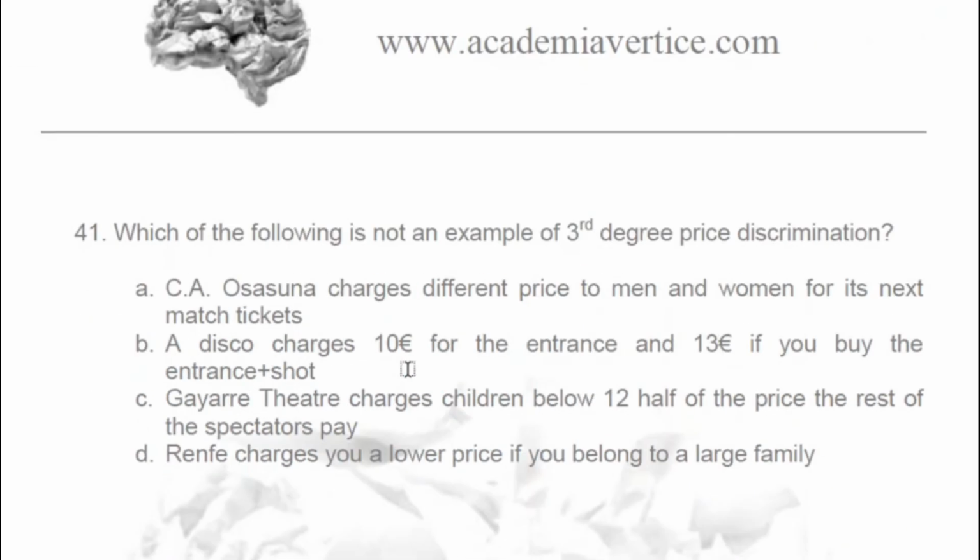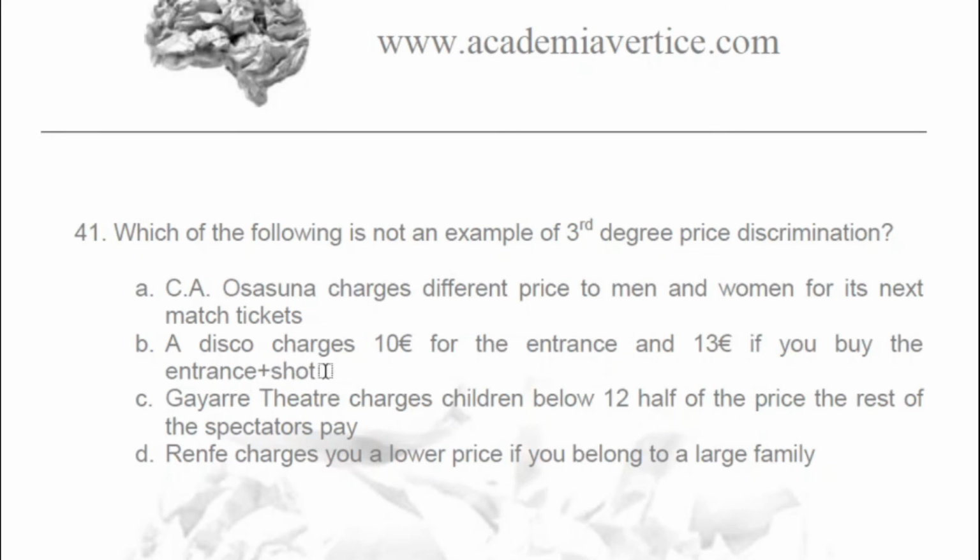Okay, which of the following is not an example of third-degree price discrimination? Osasuna charges different prices to men and women for its next match tickets. Of course, this is a third-degree price discrimination. This bar charges 10 euros for the entrance and 13 euros if you buy the entrance plus a shot.